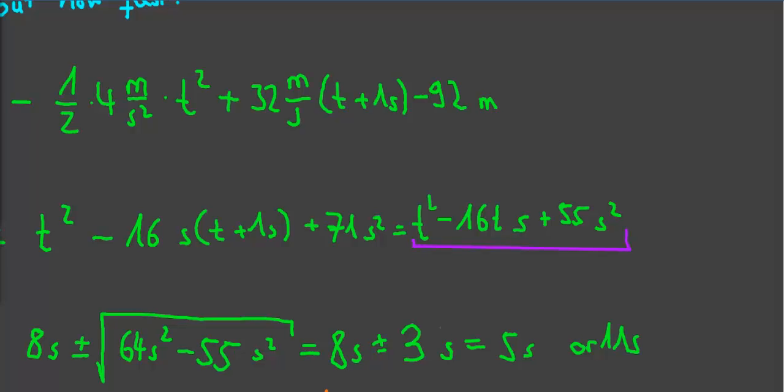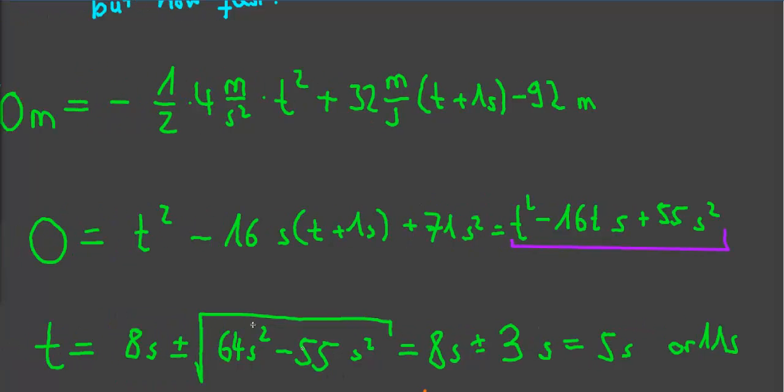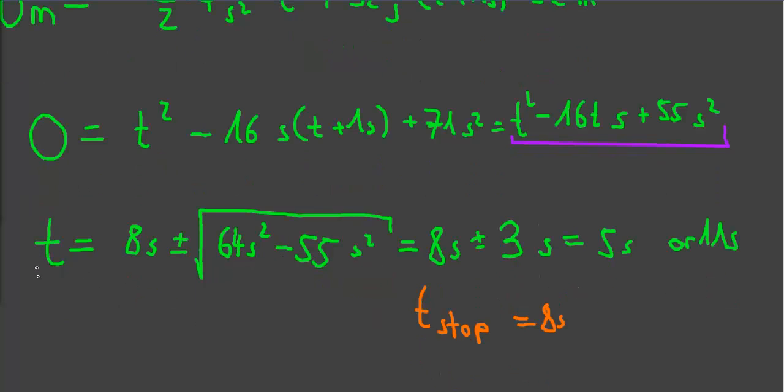And as you know, quadratic equations, we can solve that by simply using the PQ formula. And we get t is equal to p halves, that's minus 16 halves, that's 8 seconds, plus minus the square root of p halves squared, that's 64 seconds squared, and then minus q, which is 55 seconds squared. So we get 8 seconds plus minus this strange square root.